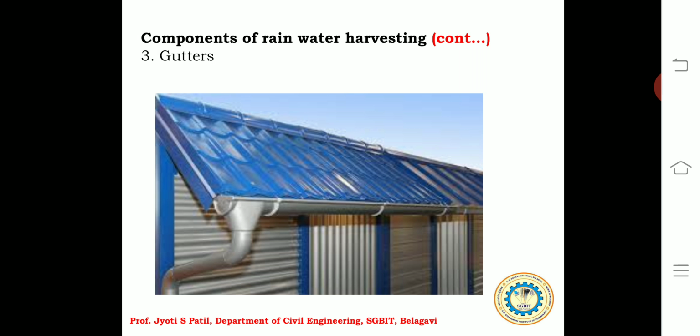And the size of the gutter should be according to the flow during the highest intensity rain, and it is advisable to make them 10 to 15% oversize.